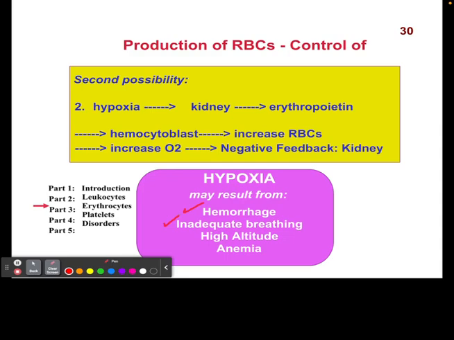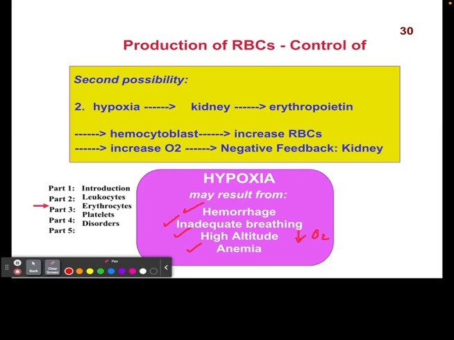You can argue that a person is not able to adequately breathe because of internal factors as well. So not able to fully respire and get the oxygen out of the lungs and into the bloodstream, or the CO2 out efficiently. High altitude areas typically have low oxygen, so that makes it harder to get oxygen into the body. And then people with anemia, again, we talked about anemia before.